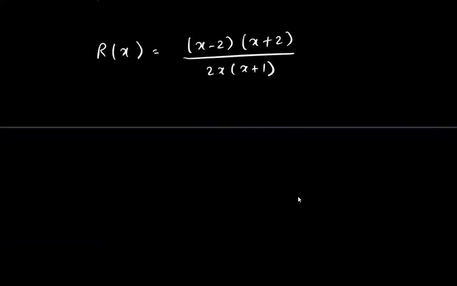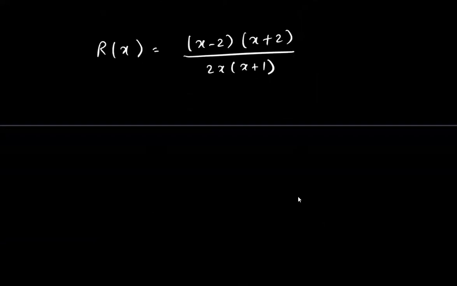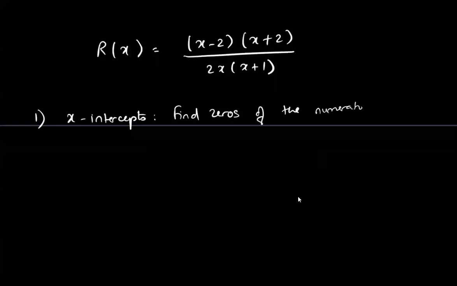Based on this, I can answer a few questions right away. First, what are the x-intercepts of my function? To find the x-intercepts, you have to find the zeros of the numerator factors. There are two factors in the numerator. The first factor yields x equals 2. The second one gives me x equals -2.